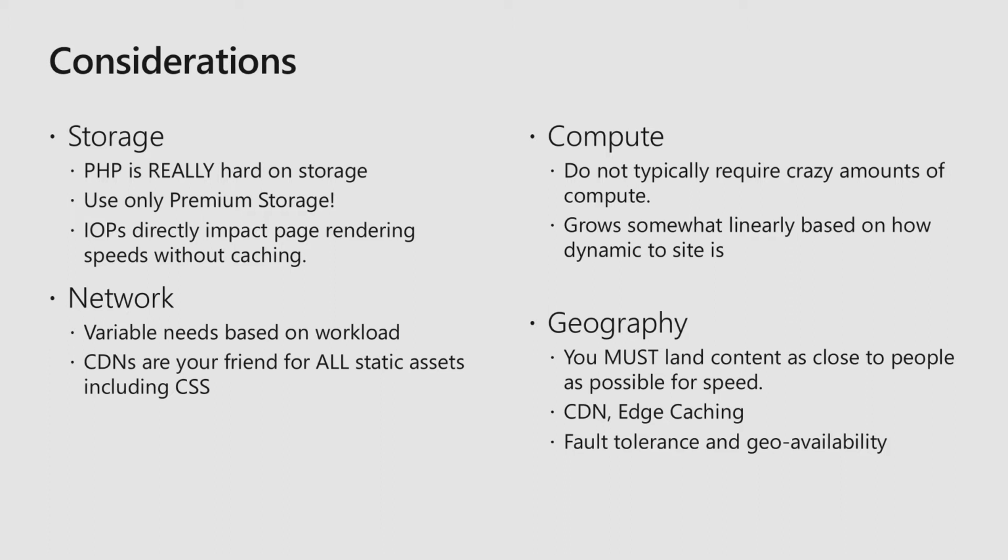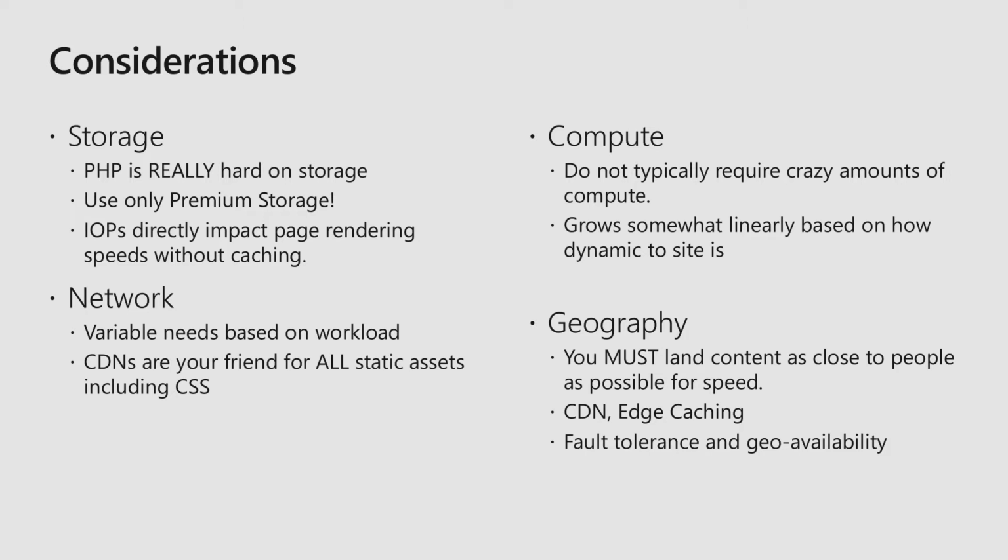If you're serving out lots and lots of static imagery or static CSS, you've done a lot of customizations, then you're going to want to make sure that you're leveraging something like a CDN through like Microsoft's new Azure CDN. They are your friends for all of your static assets, and what a lot of organizations forget is some of the heaviest lifting that a browser has to do is your cascading style sheets. So make sure that anything in your PHP app that is static gets loaded into the CDN.